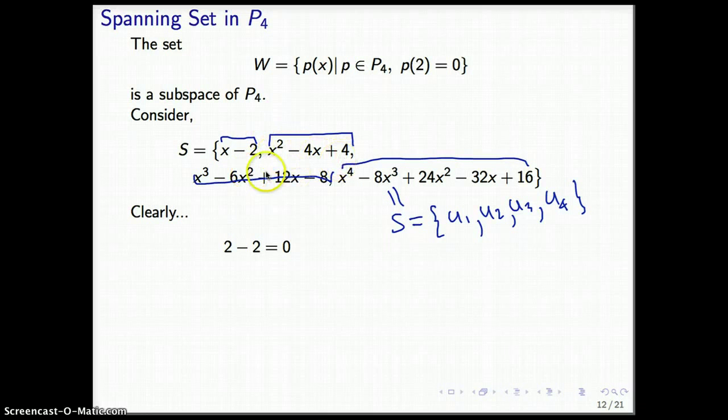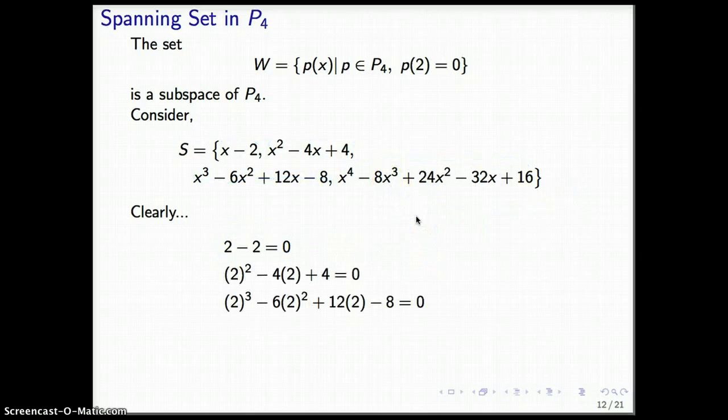We can easily verify that each of those members U1, U2, U3, U4 is in W. This verification implies that U1 is in W: we evaluate x minus 2 at 2, and that gives us 0.